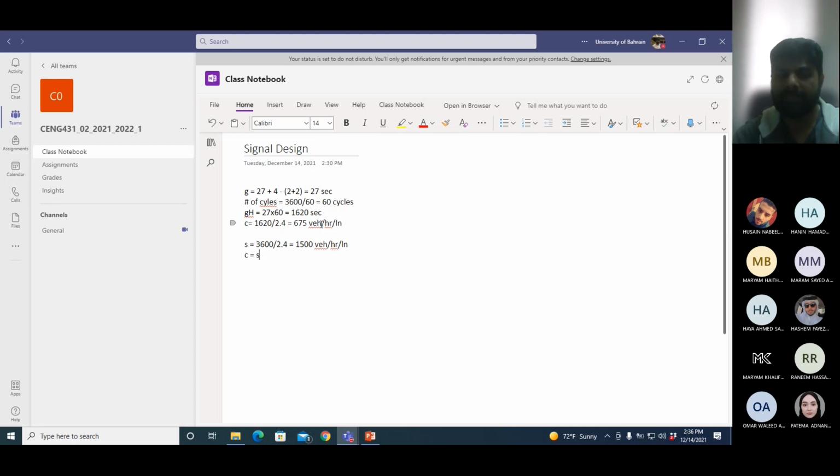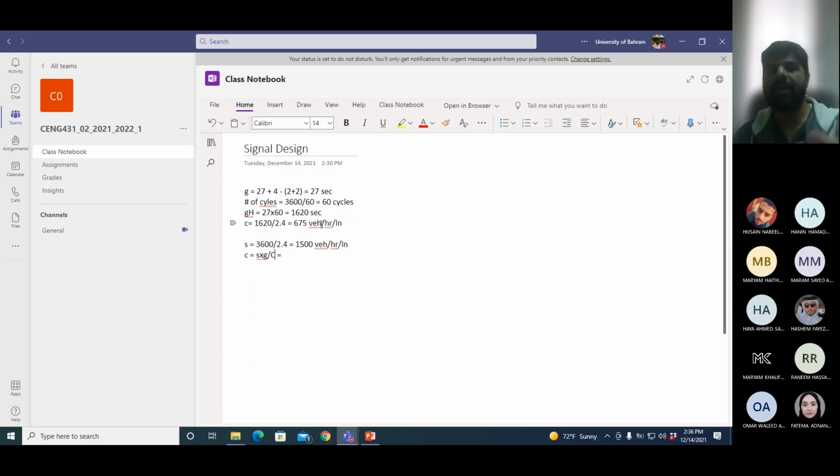But since I have a proportion of cycle length as effective green, capacity will be equal to the same proportion of saturation flow rate. So if G by C was 1, then capacity will be equal to saturation flow rate, meaning the whole cycle is effective green.